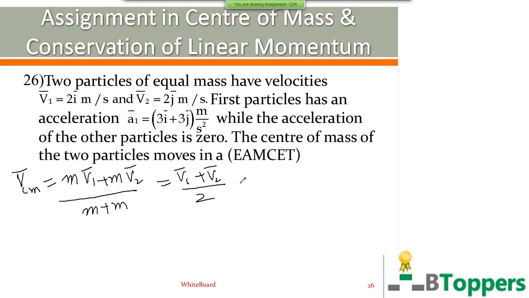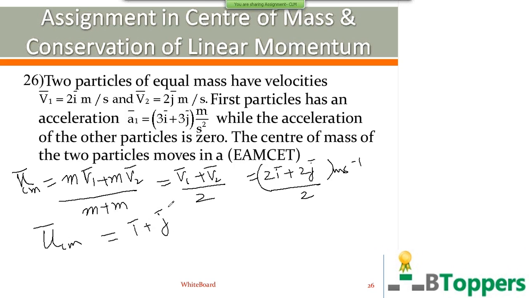If you simplify it yourself, v1 bar is 2i bar, v2 bar is 2j bar meter per second. So these are the initial velocity of the center of mass system of the two particles. You got i bar plus j bar meter per second.